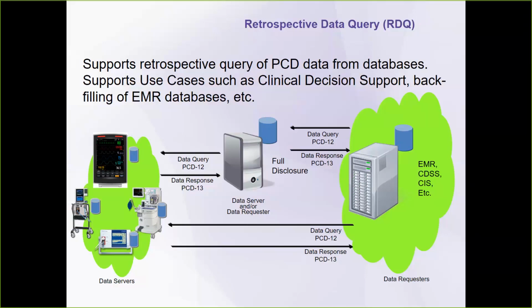So for scenarios where data callbacks are needed, PCD does provide the retrospective data query profile, or RDQ, which allows for data that was stored in a central server to be called back using specific time and patient parameters for specificity. As you can see here, we've got a PCD12 and a PCD13 for request and response messages, and those can be used in these types of transactions.